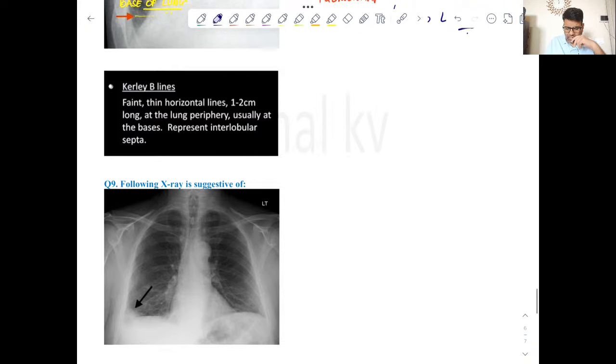Now what you can see in this X-ray, question number 9, you can see opacity like this. Very good, Shanawaz bhai, very good. So see, this is the normal area. This is the normal side, of course, the left side. And what we are seeing here, now this part is related to ribs, and this is of course the diaphragm.